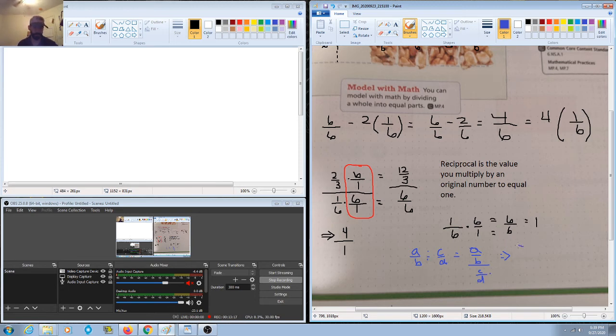So I'm going to do A over B divided by C over D, and I'm going to use red here, and multiply this by D over C over D over C.